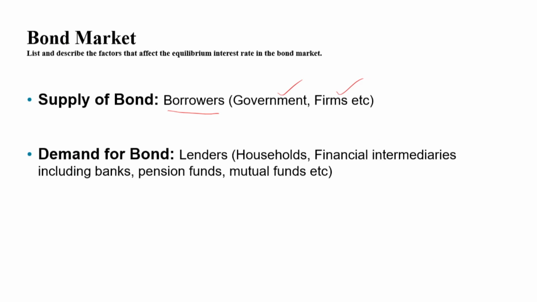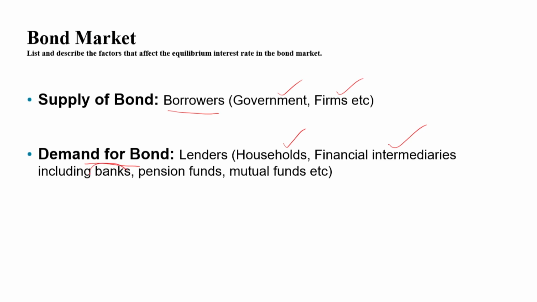They are the main borrowers of funds from those who lend to them. The demand for bonds comes mainly from lenders, who consist mainly of households and financial intermediaries including banks, pension funds, mutual funds, etc.